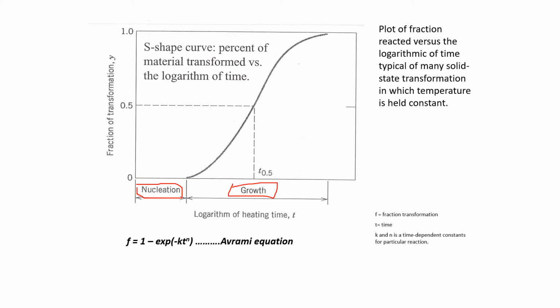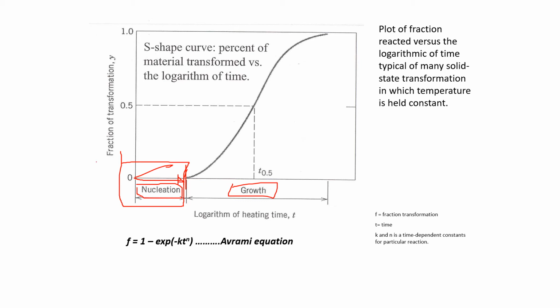On the horizontal axis, initially the nucleation begins from the small particles, with the appearance of a few hundred atoms. After the nucleation, the growth starts. During the growth stage, these nuclei increase in size.